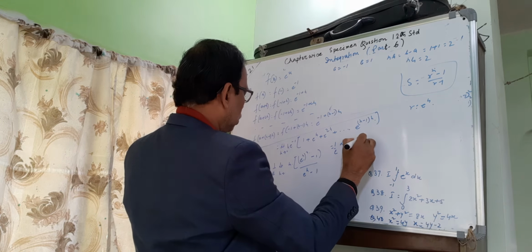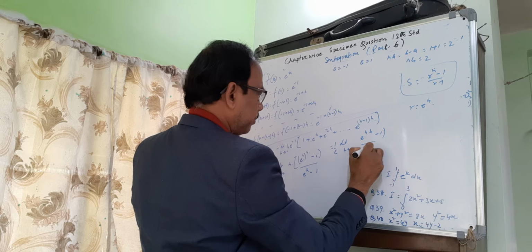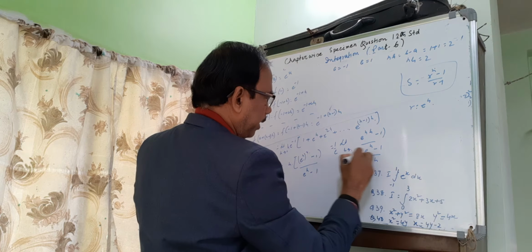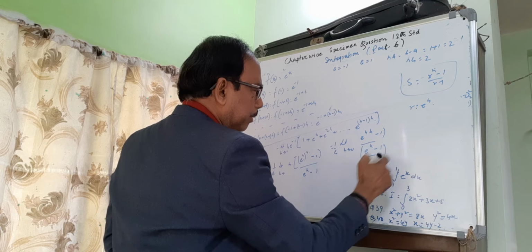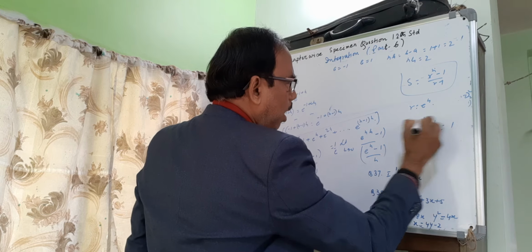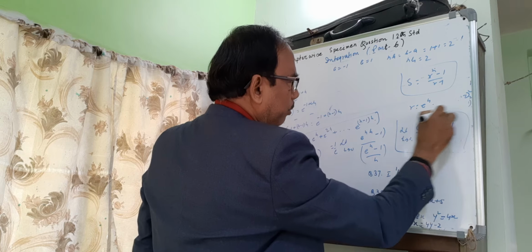limit h tends to 0, (e to the power nh minus 1) by (e to the power h minus 1), this h comes down by h, limit h tends to 0, then value of (e to the power h minus 1) by h is 1, limit h tends to 0, this value is 1.